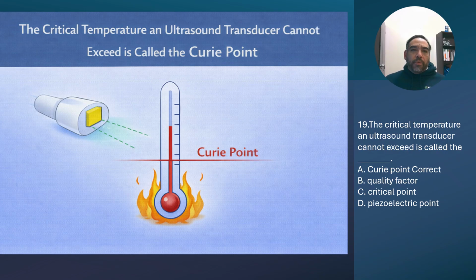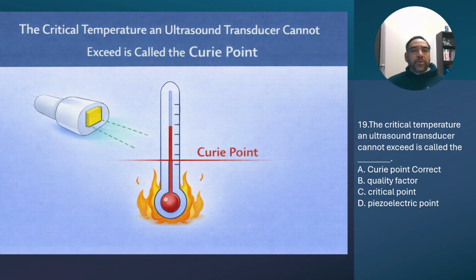C, the critical point, is incorrect. It sounds fine, sounds scientific, but it's not a defined term used in ultrasound physics for transducers. So it's kind of a distractor. For those of you in electrical engineering who are looking at this, you've got to look at it from the point of view of how the SPI writes the exams and how diagnostic medical sonographers interpret this.